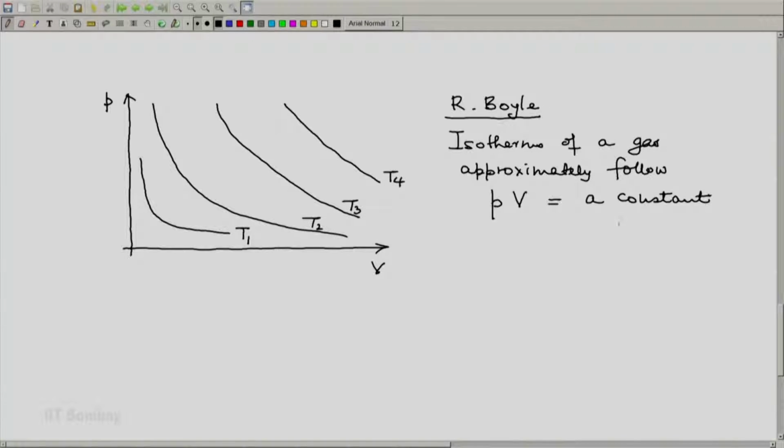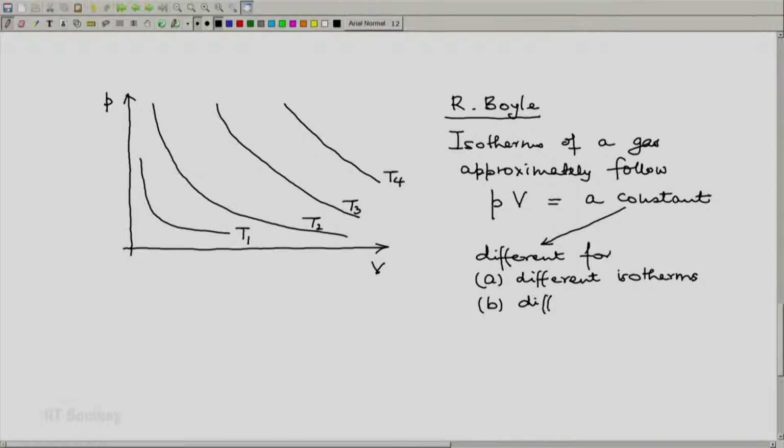The constant is not an absolute constant. The constant is different for different isotherms, which is good. The value of the constant can be used as a measure of temperature, but it is also different for different pressures or different masses.